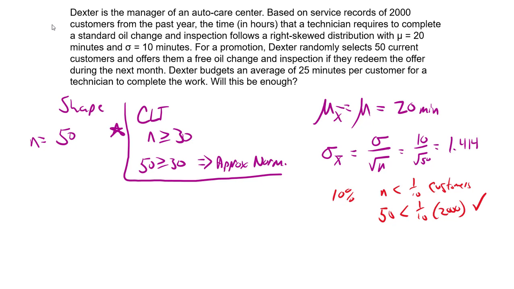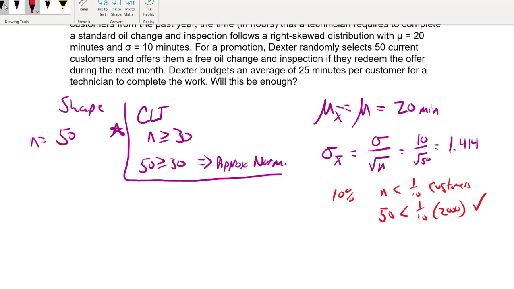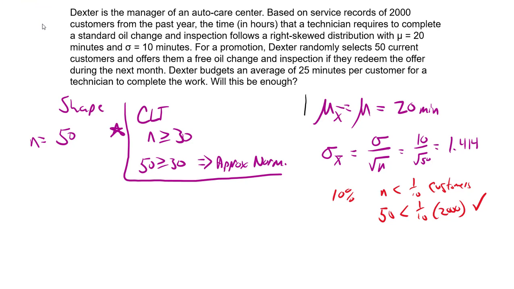So now we've got our new mean for our sampling distribution and our standard deviation, and it checks off the 10% rule, and we know our shape is approximately normal because of our central limit theorem. The 10% rule allows you to justify using those equations, okay?